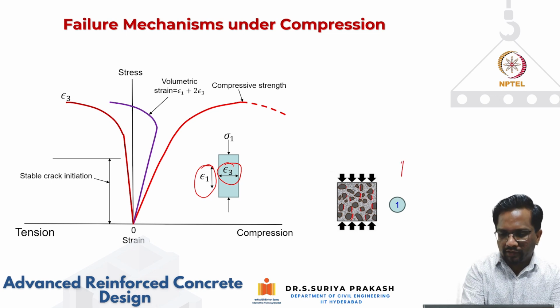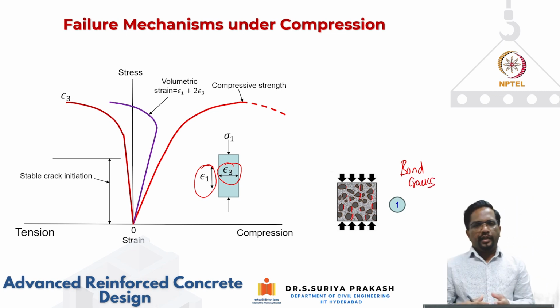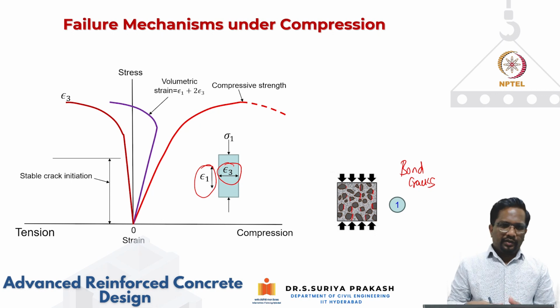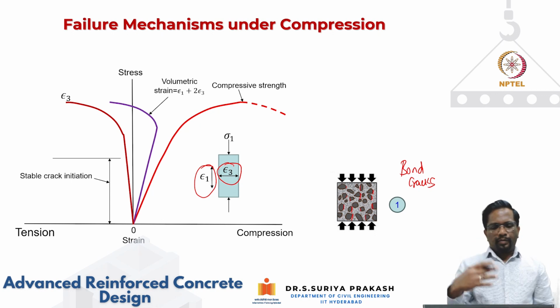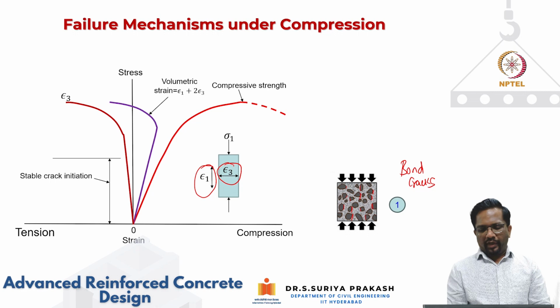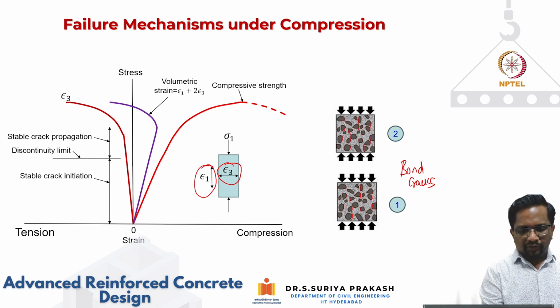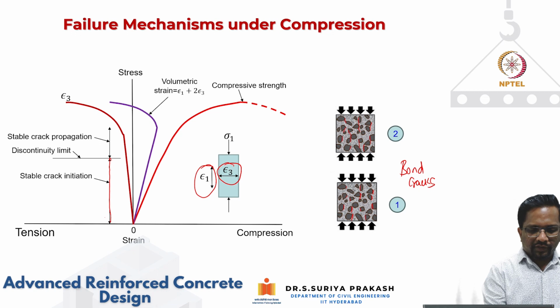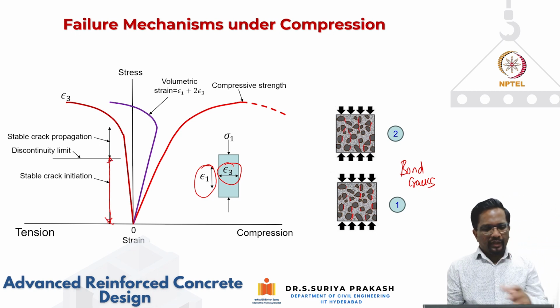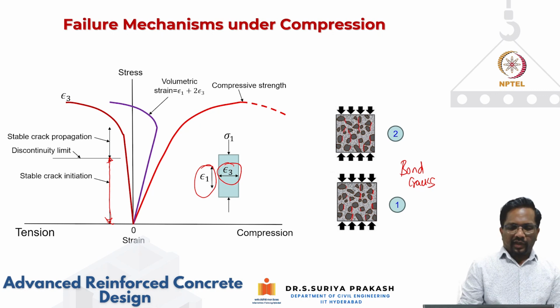These bond cracks will develop at the interface between the aggregate and the cement paste. As I apply more and more load, these bond cracks will start joining together. Usually about 45 to 50%, we call this region the stable crack initiation region. All these bond cracks form.